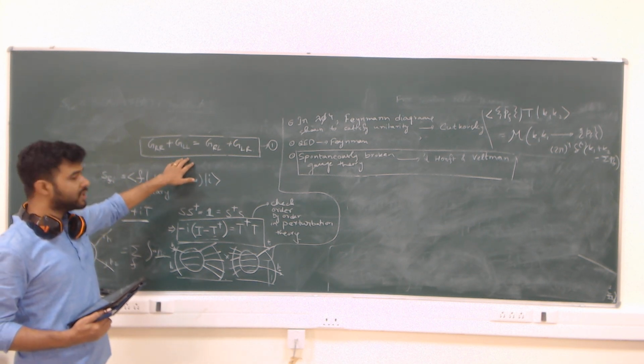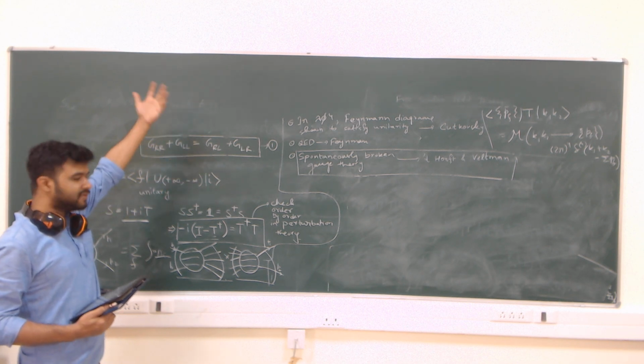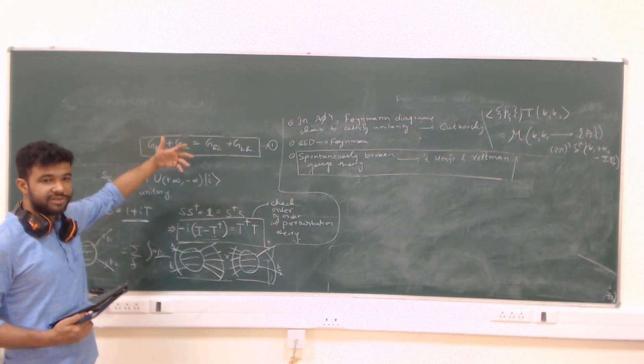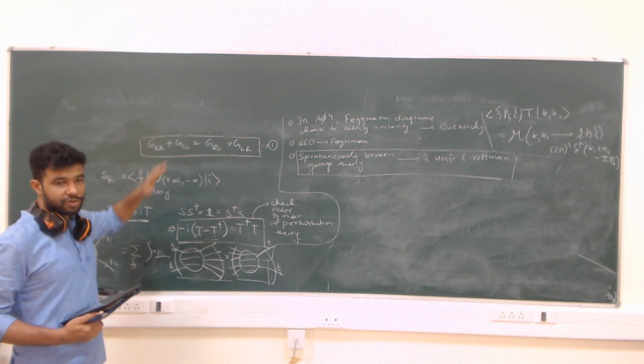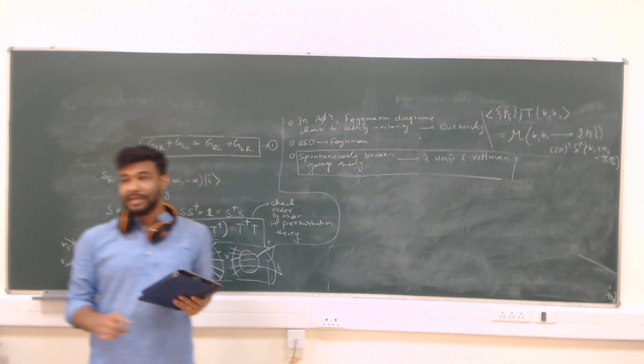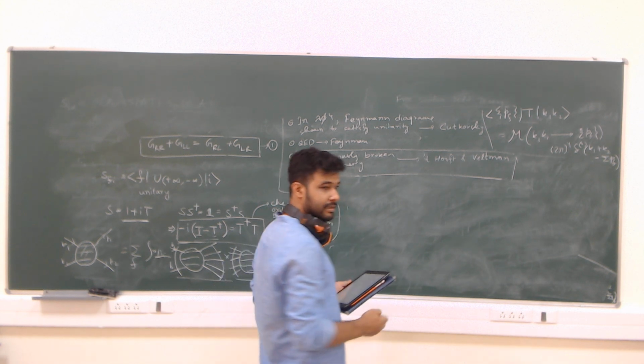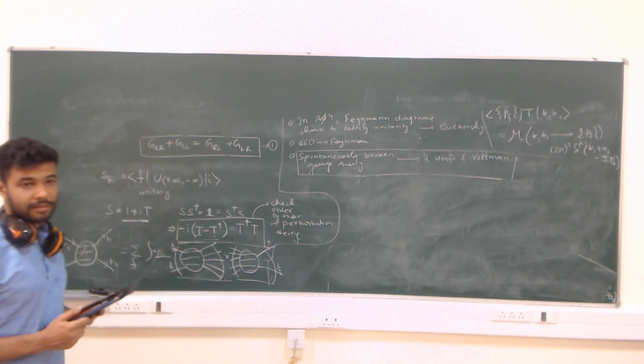So this equation will hold only for unitary theories. If we have a path integral where the procedure is non-unitary in general, this equation will not hold true. Right. So this will be both necessary and sufficient for unitarity.